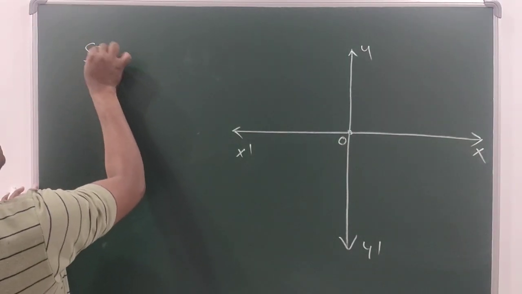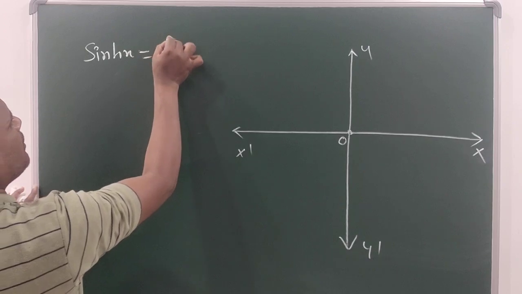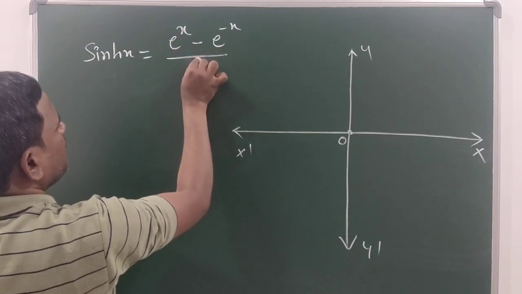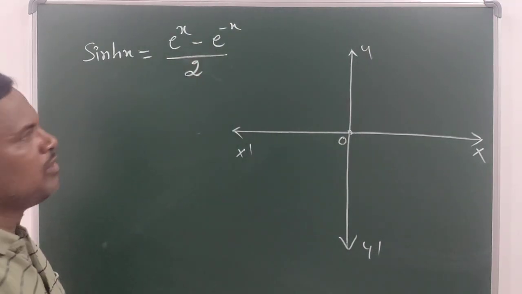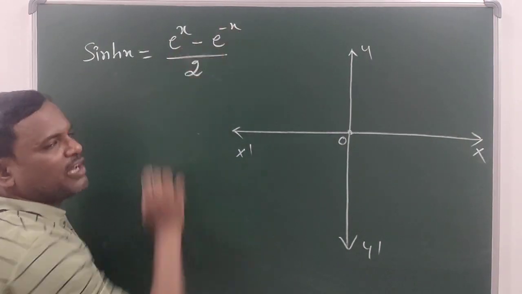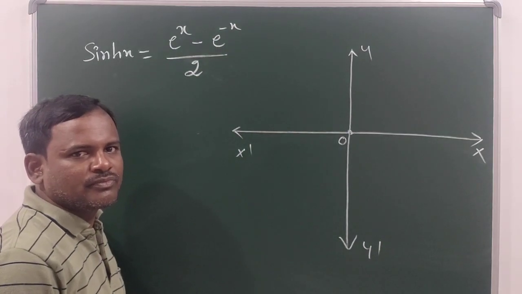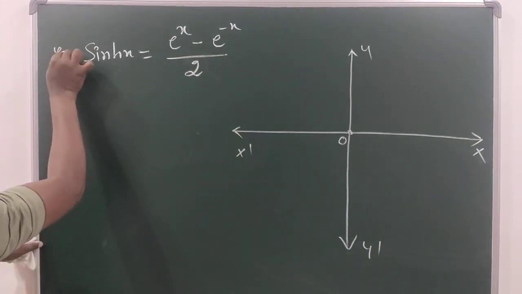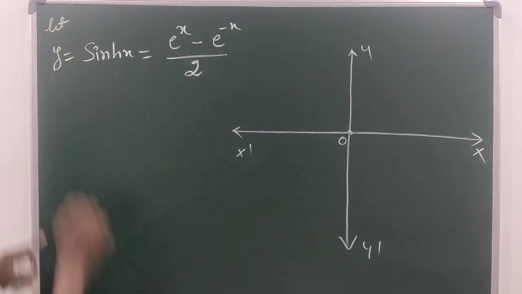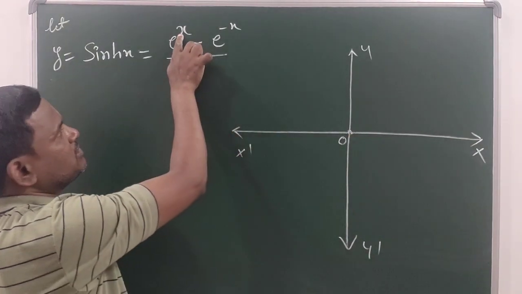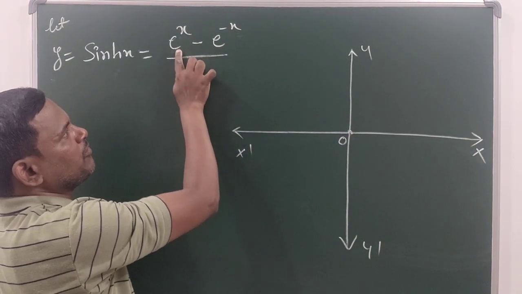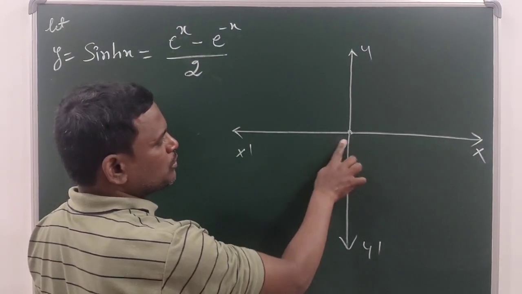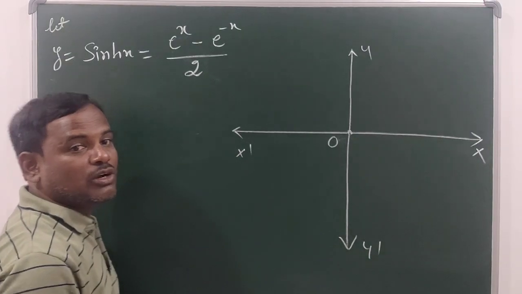We have defined sinh x as e power x minus e power minus x by 2. Now when you take the domain value as 0, what will the corresponding range be? Let us take the range as y. When you write 0 here, e power 0 is 1, 1 minus 1 is 0, 0 by 2 is 0. So where do you get 0 comma 0?